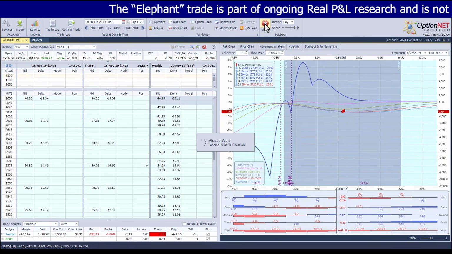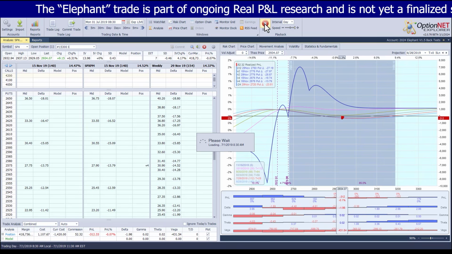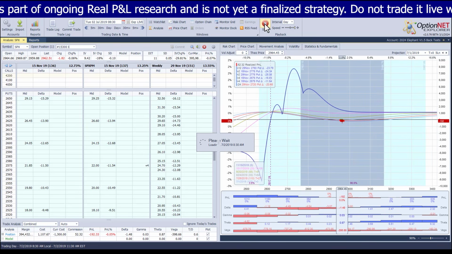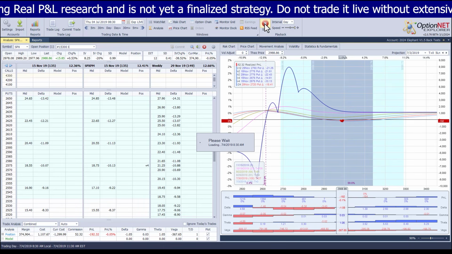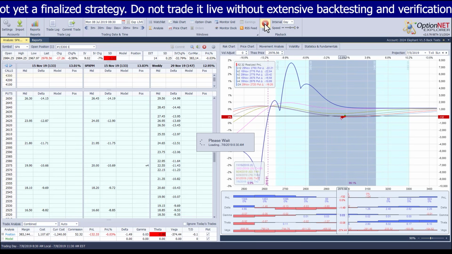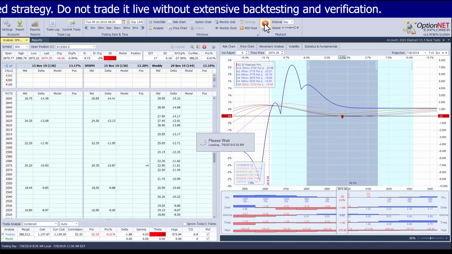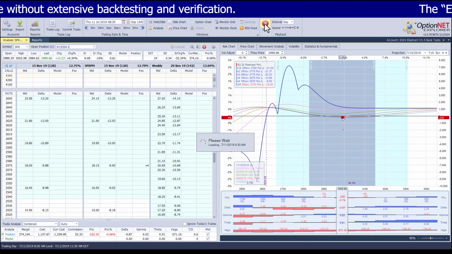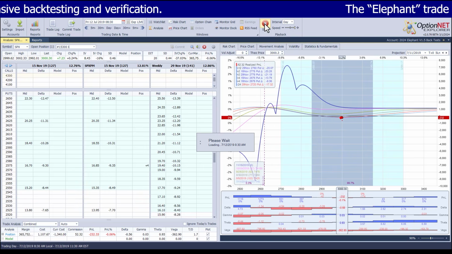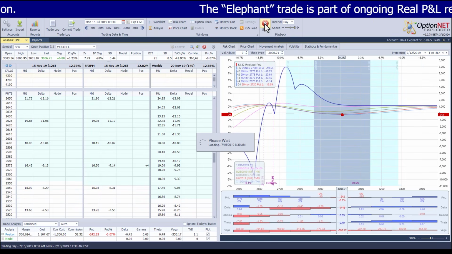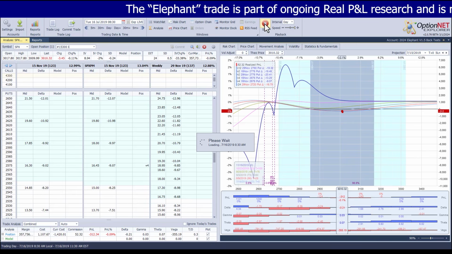Once we get into August, things get a little hairy there. Well, we're in July, so we'll see. We're still looking for 500 bucks. Down 300.